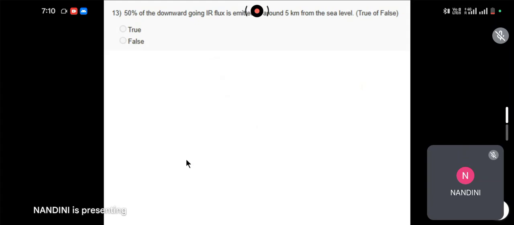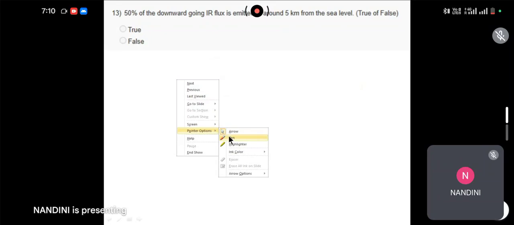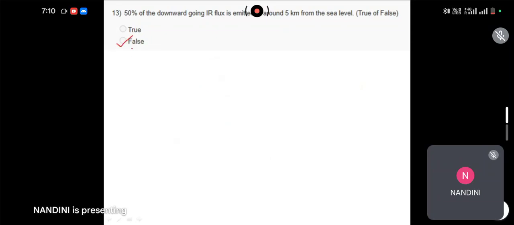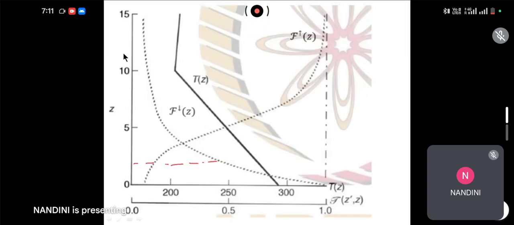So this statement is false. 50% emission is actually occurring at a distance of 2 kilometers from the sea level. And if you see from the figure, the net upward flux reaches 95% of its total value at the surface.